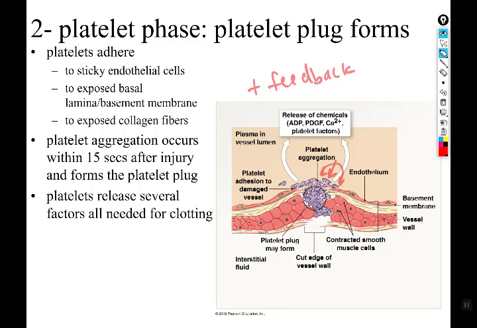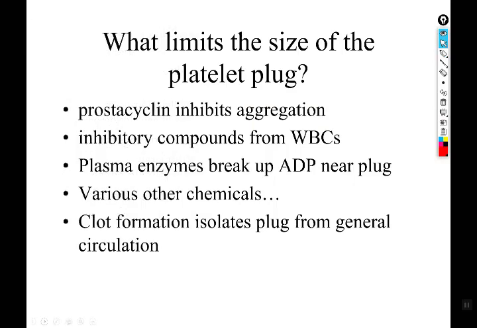So in the short term, that's really good because that's what helps the platelet plug form quickly enough to effectively stop bleeding. However, you don't want that positive feedback loop to cycle out of control, right? So that begs the question, how do you make sure that the platelet plug doesn't grow too large and do something like, say, occlude the blood vessel entirely? Occlude is a word that means blocks or cuts off a passage.